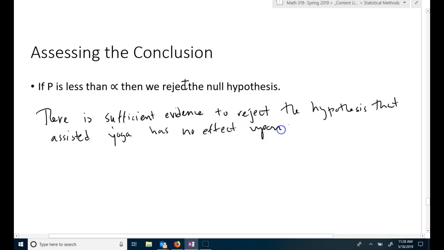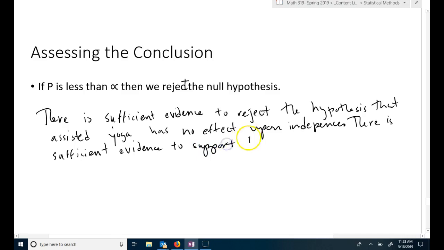So remember, that's our null hypothesis. And our alternative, which we're going to add in here, is there is sufficient evidence to support the conclusion that assisted yoga improves independence.